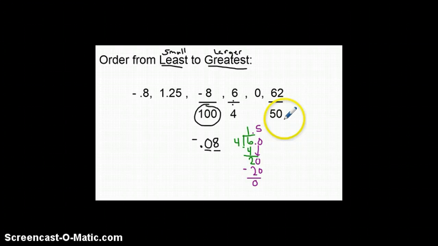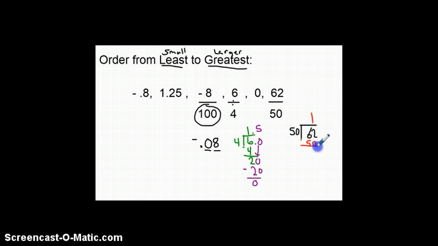And now we're going to look at 62 over 50. So 62 divided by 50. 50 goes into 62 1 time. 1 times 50 is 50.